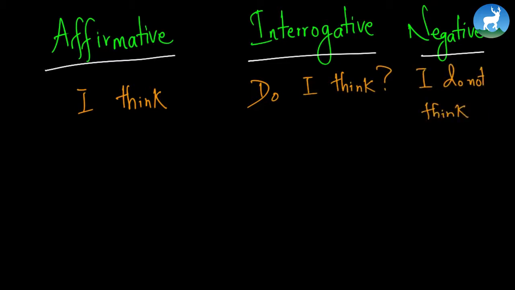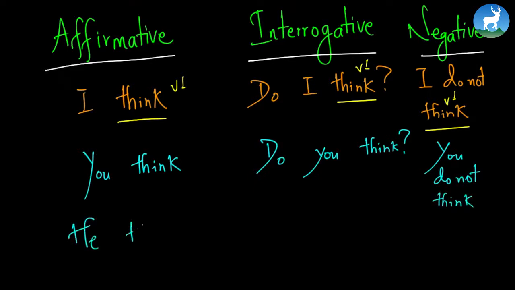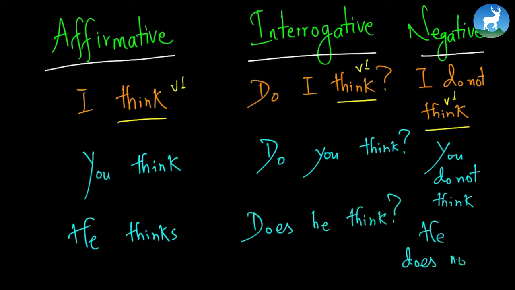So it's V1 everywhere, only the structure of the sentence is changed. I can give you more examples. You think will be changed into do you think, or the negative is you do not think. I can write he thinks, and the question will be does he think? The answer to that would be he does not think.